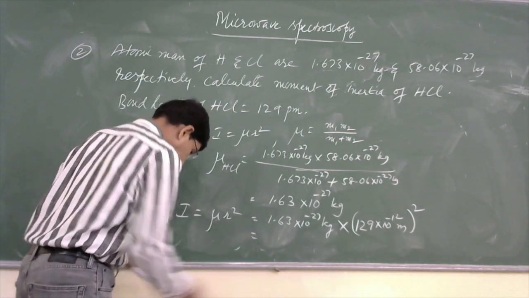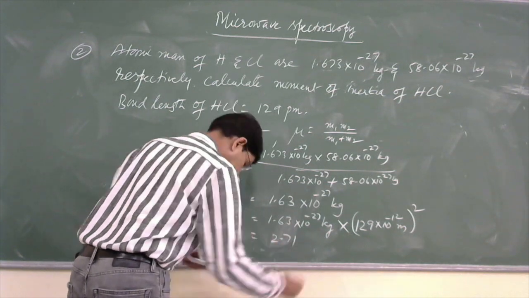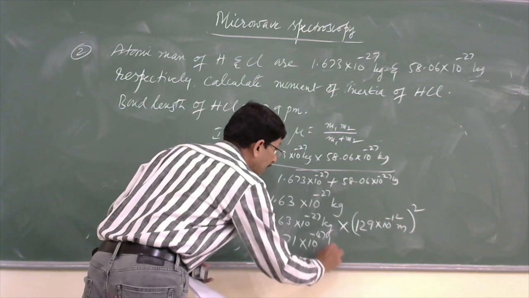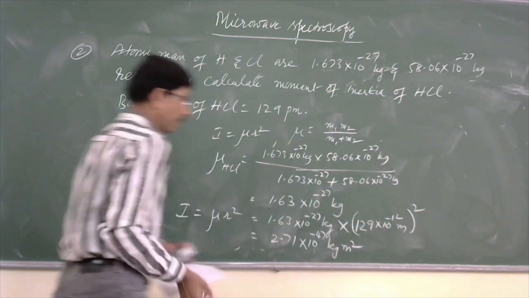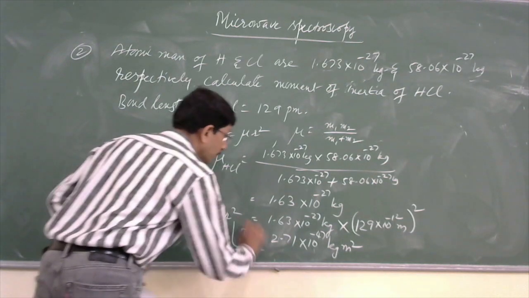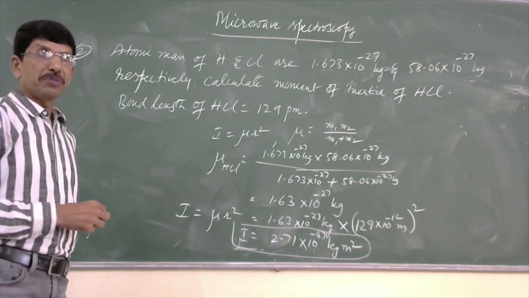Upon simplification, we get this as 2.7 into 10 to the power minus 47 kilogram meter square. So the SI unit of moment of inertia is kilogram meter square.